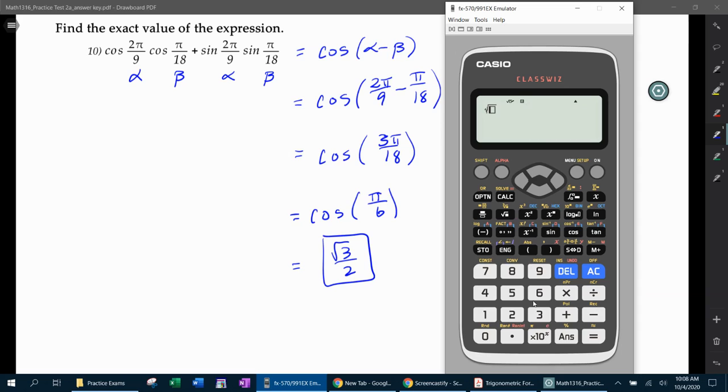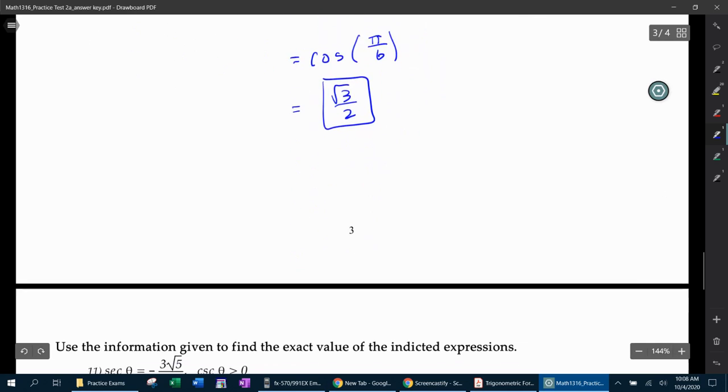Well, what is square root of 3 over 2? 0.866. Verified. Whew, checking it.